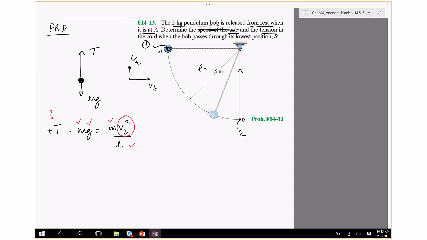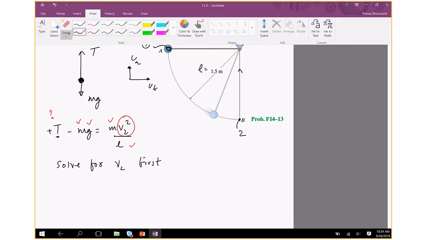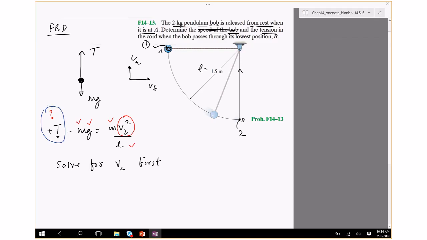So I want you to pull the answer for tension, but first you need to solve for V2 first. And then you got to pull the answer for T. Okay, so use conservation of energy to find V2 first.